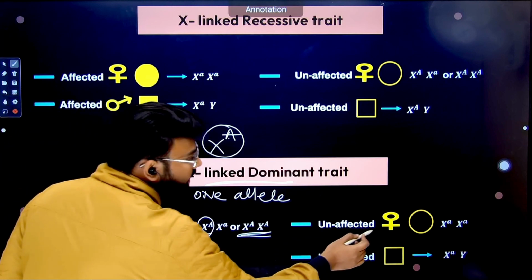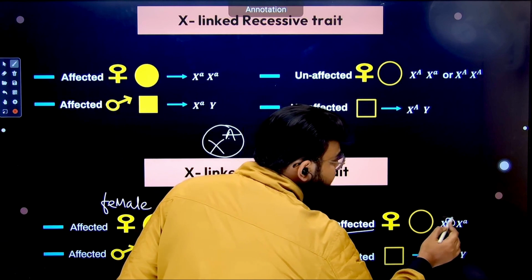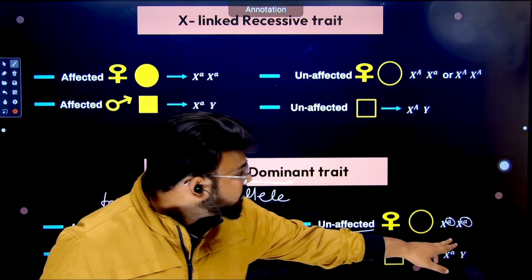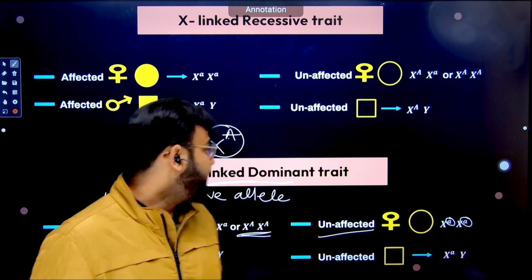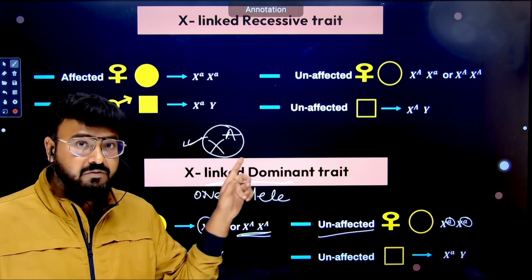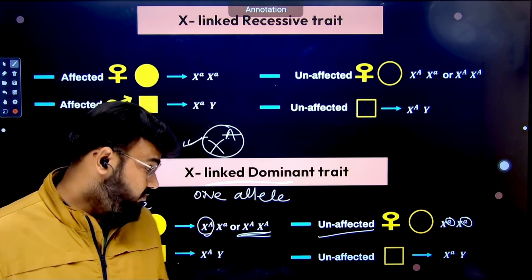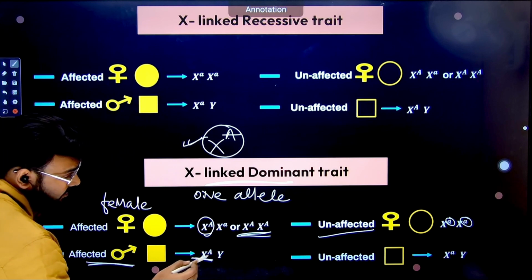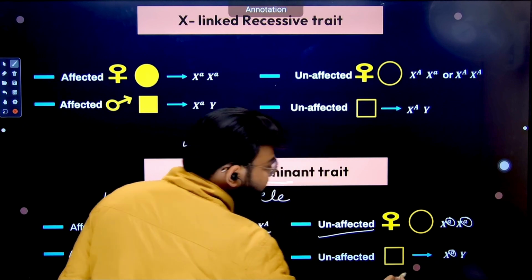In the case of an unaffected female, the X chromosomes have the recessive allele, which means she is unaffected. To cause the disease, we need the uppercase A. Now, in the case of an affected male, males have only one X chromosome, and if it has the uppercase one, he is affected. If it is the lowercase recessive one, he is unaffected.